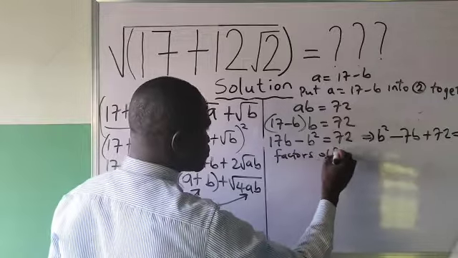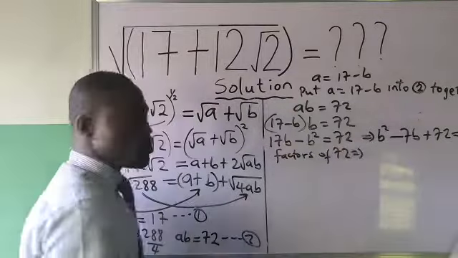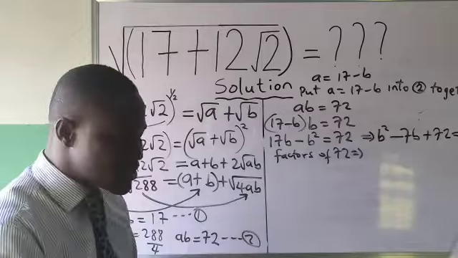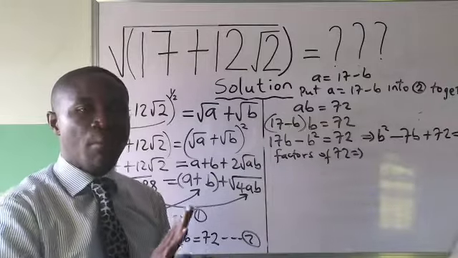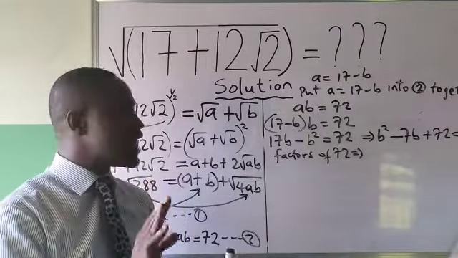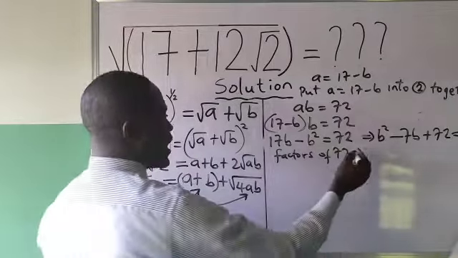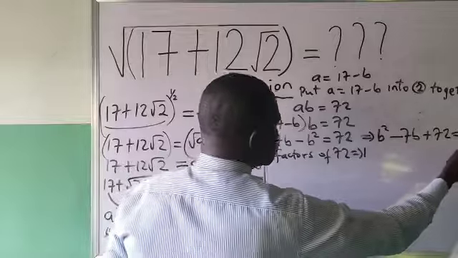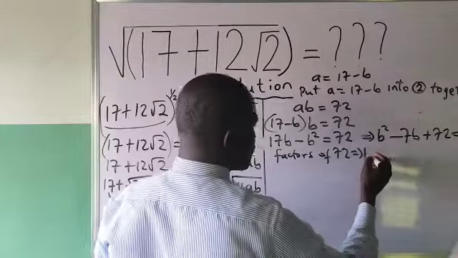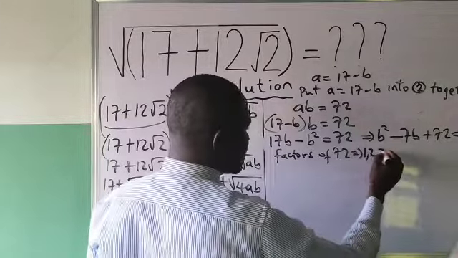Factors of 72. What do we mean by factors? Factors of a number simply mean the numbers that can divide that given number without any remainder. 1 can divide 72. 72 can divide itself. 2 can divide 72 without remainder.